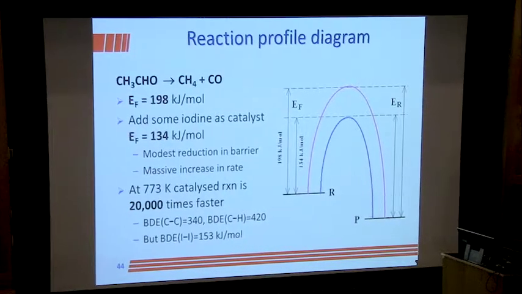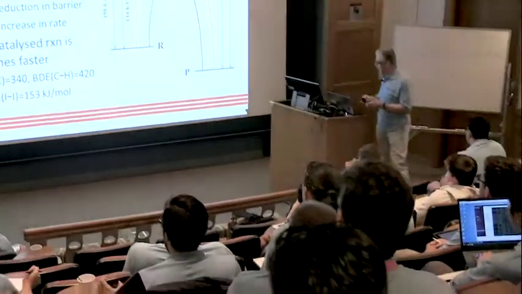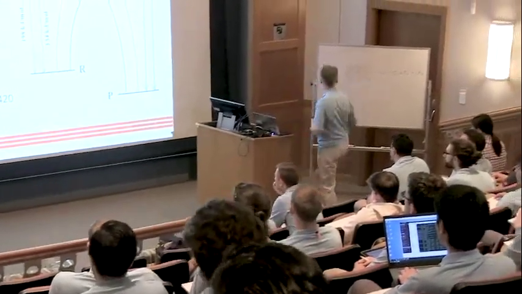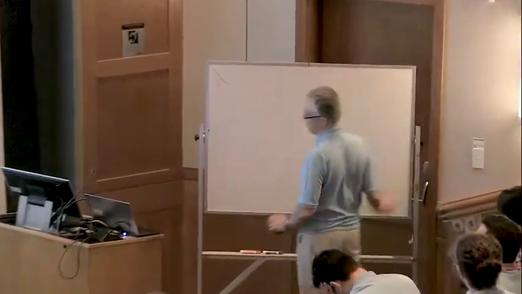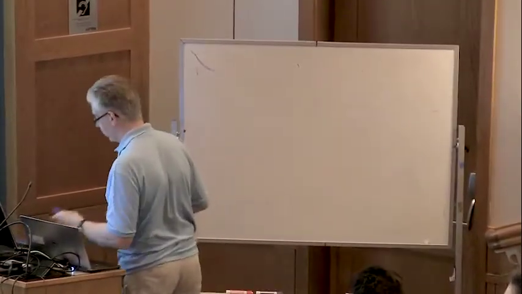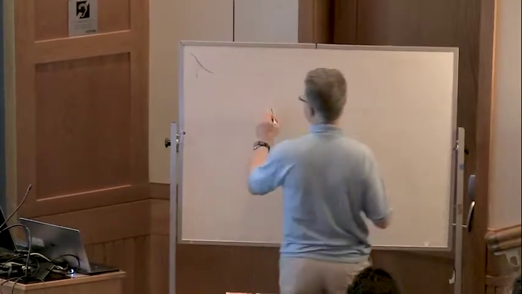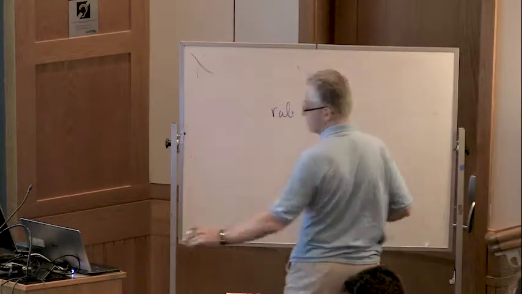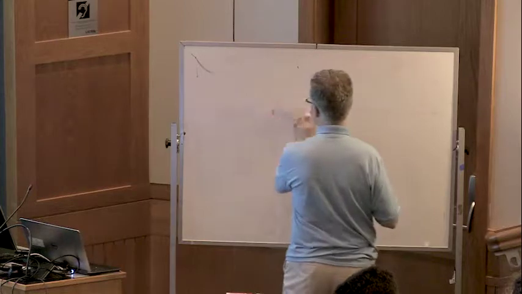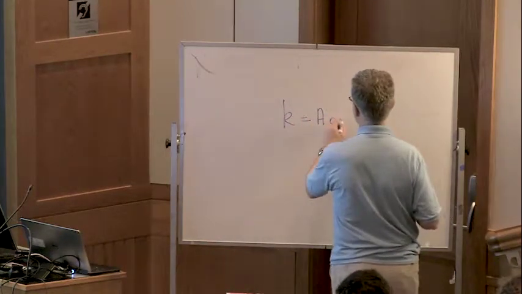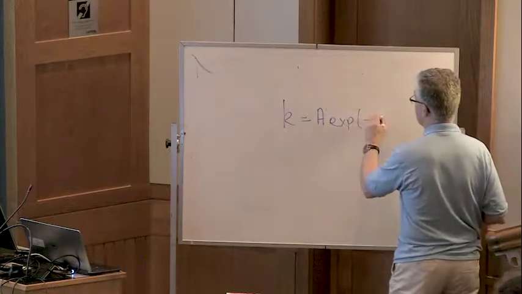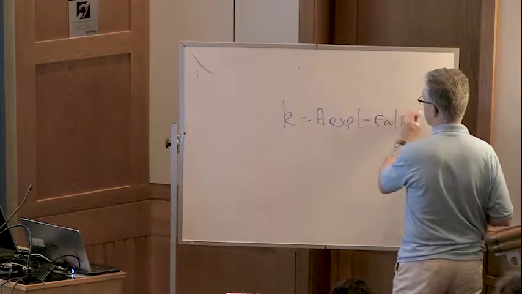Okay, why? Okay, and again, I'm using the same equation. We have the rate constant, k is equal to A exp minus Ea over RT.